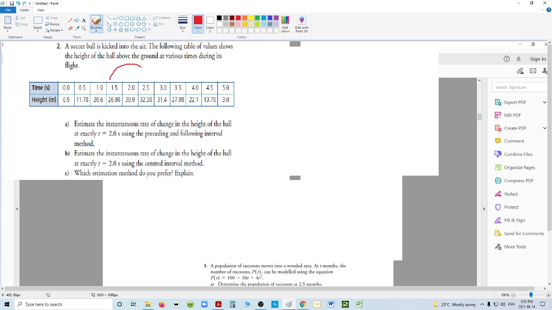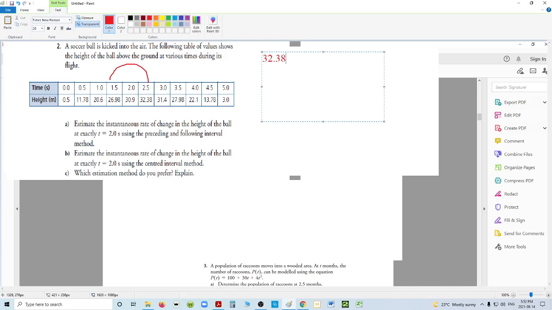So between these 2 points, the delta x is 1, and the delta y is 32.38 minus 26.98, which are the points on either side of it. And the delta x is 1, 2.5 minus 1.5. The next point, I'm just going to do the next points first instead.